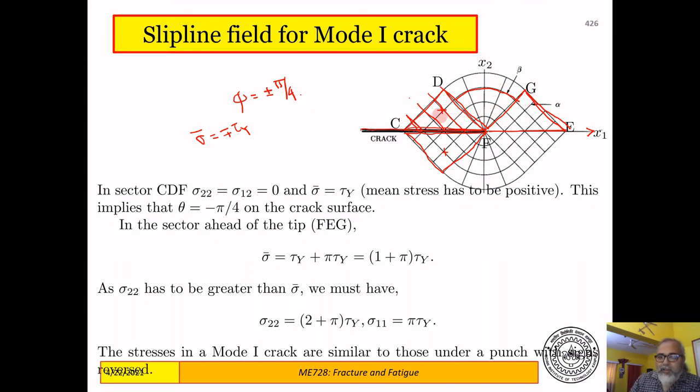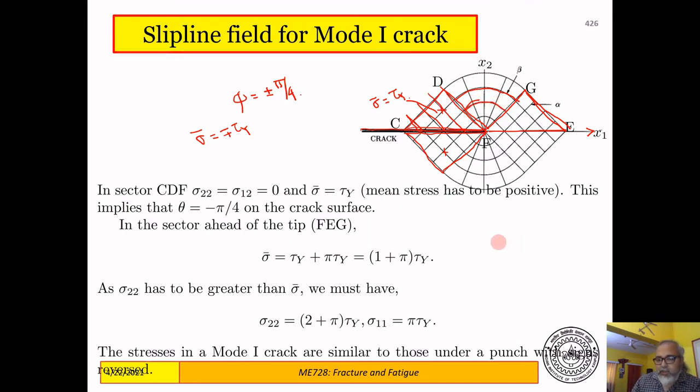Now I know the hydrostatic stress here, and I know that it is equal to plus tau y. Sigma bar is equal to plus tau y here, and then as you go from FD to FG, you have a change in phi of 90 degrees, which means that 2 phi is equal to pi. And you are traveling along a beta line. This is a beta line.